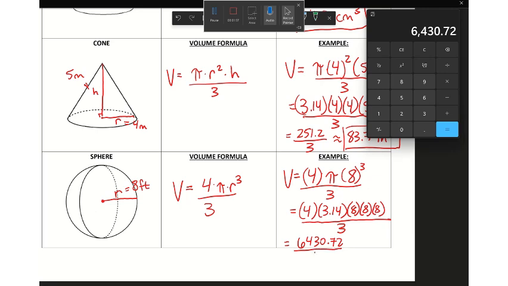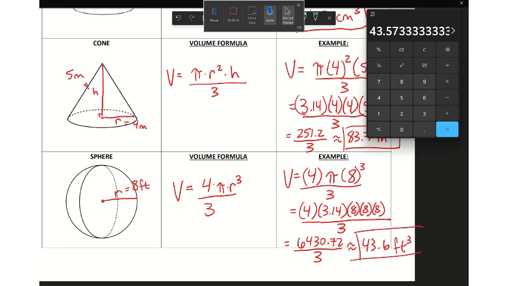Now don't forget it's still over 3 because that's our last step. Our last step is to divide this number by 3, and I get my grand total of about 43.6, again rounding to one decimal place, feet cubed.